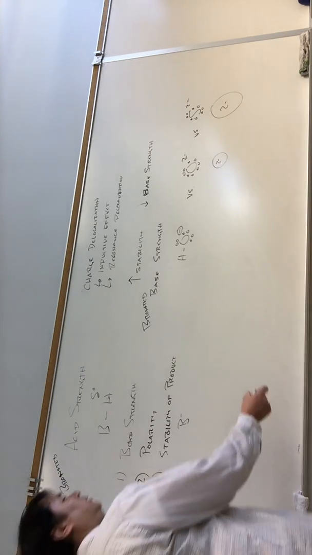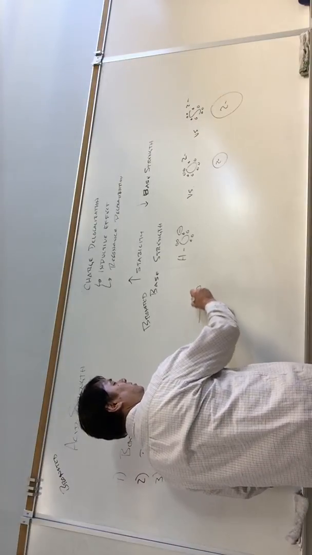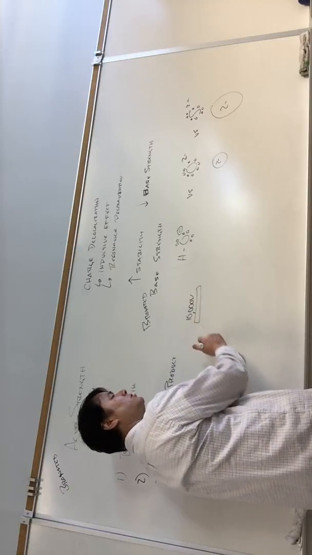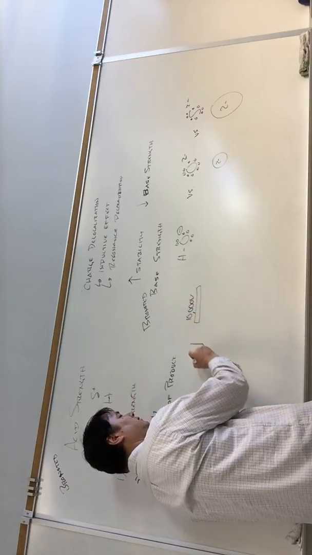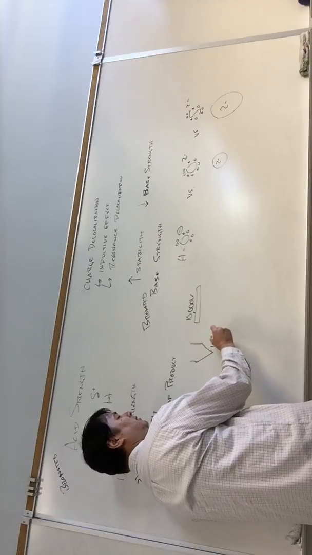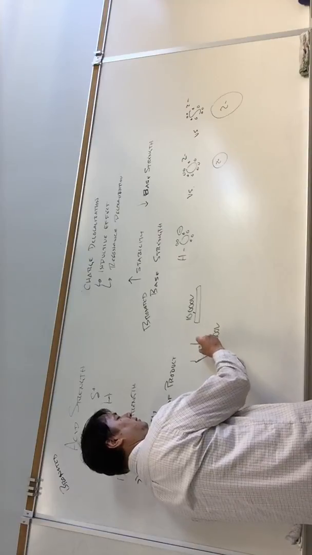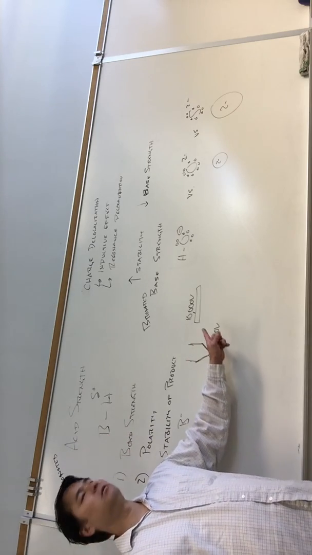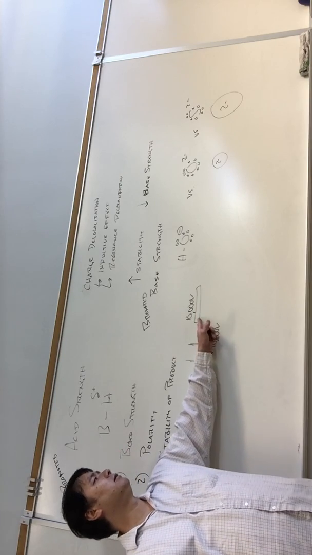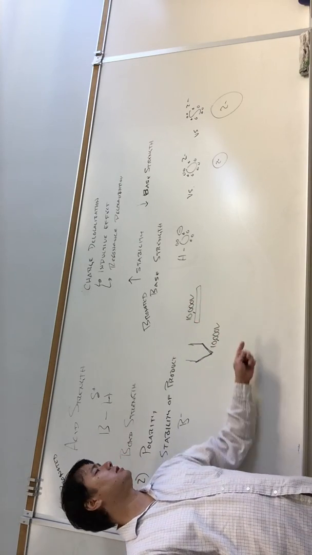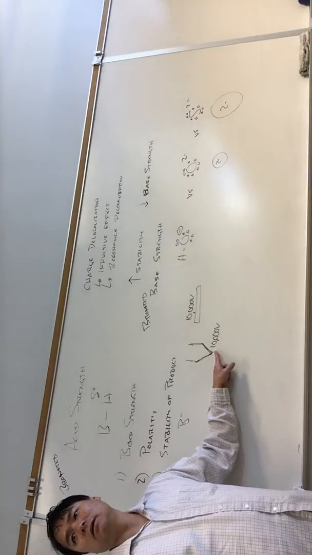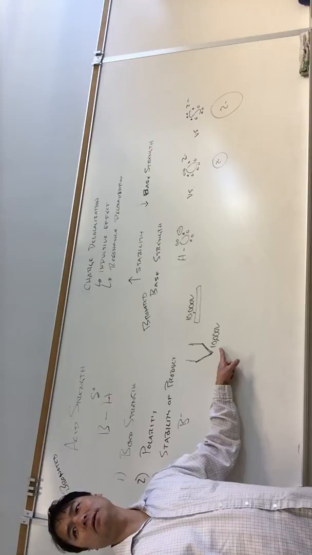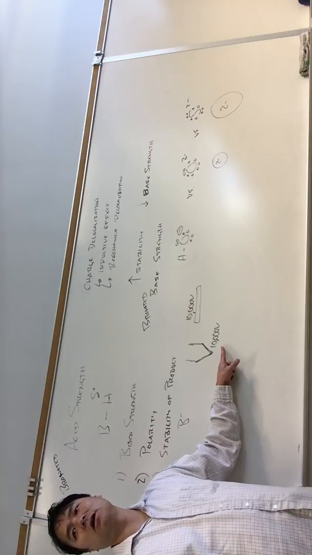If you put 10,000 volts on a large plate, you've got a large area there, versus 10,000 volts right at the tip of a metal probe. Do you know which one's going to give you a bigger shock? Probably the probe. It's concentrated there.